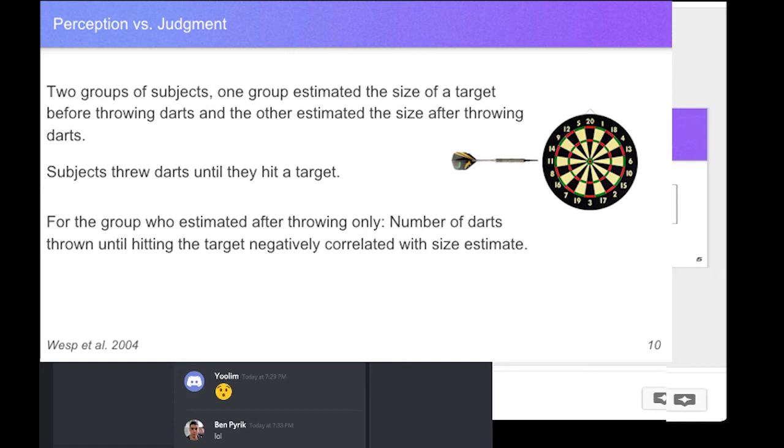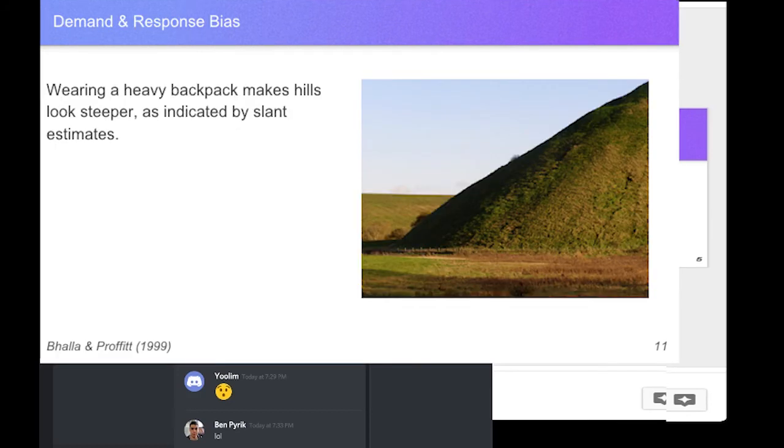Another typical example of this cognition influencing perception: they had subjects wear a heavy backpack and look at a hill, and then the subjects had to estimate how slanted or how steep the hill was. The subjects who were given this heavy backpack ranked the hill as looking steeper than another group of people who were not wearing backpacks.